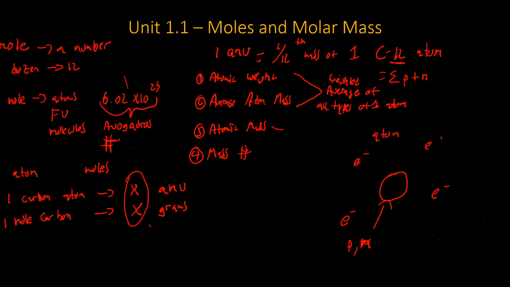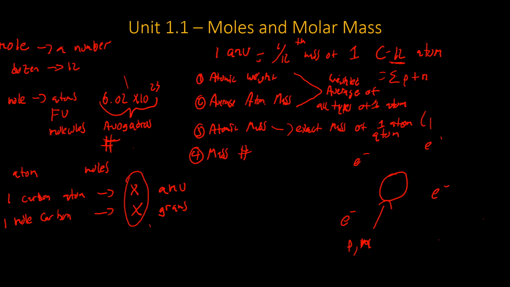Now, atomic mass. Atomic mass is the exact weight, so the exact mass of any one atom. If you had a scale that could somehow measure single atoms on its own, you put one carbon atom on the scale, the number that comes out is going to be the atomic mass of that atom.